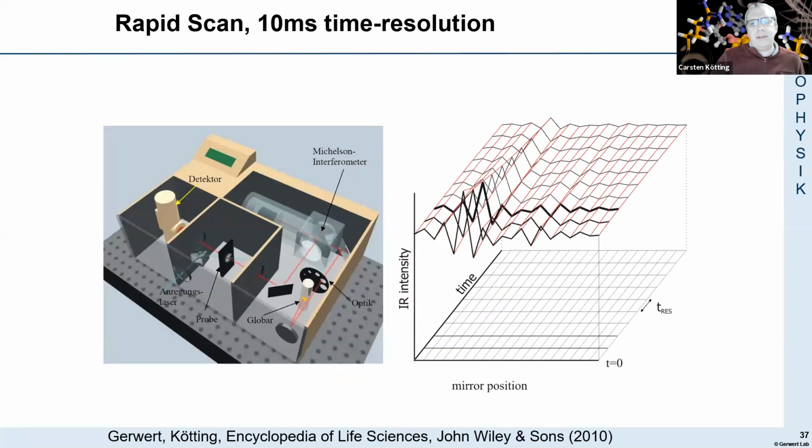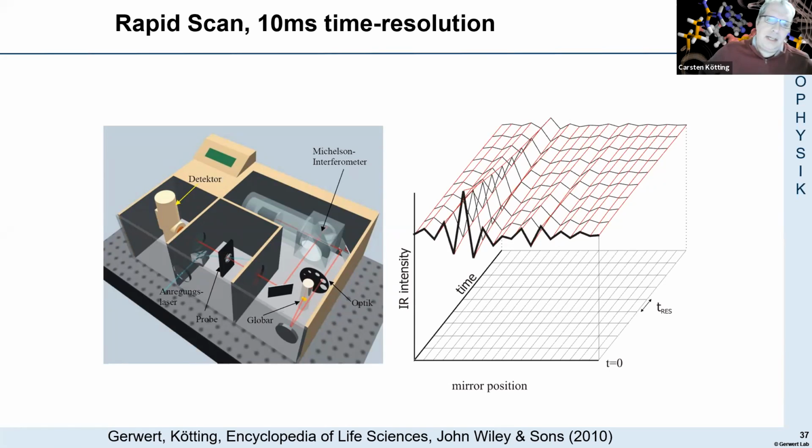This you have to do with rapid-scan FTIR usually. I will come later to the advantages of dual-comb, but most of our work was done with FTIR so far, and there we stick with a time resolution of about 10 milliseconds. If you have larger proteins, you have to measure longer.